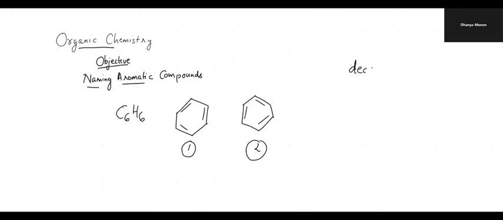Delocalized means the position of the double bonds is not fixed. That is why there is a hybrid structure for the benzene ring. This is the hybrid structure for benzene, showing the delocalized structure of double bonds.